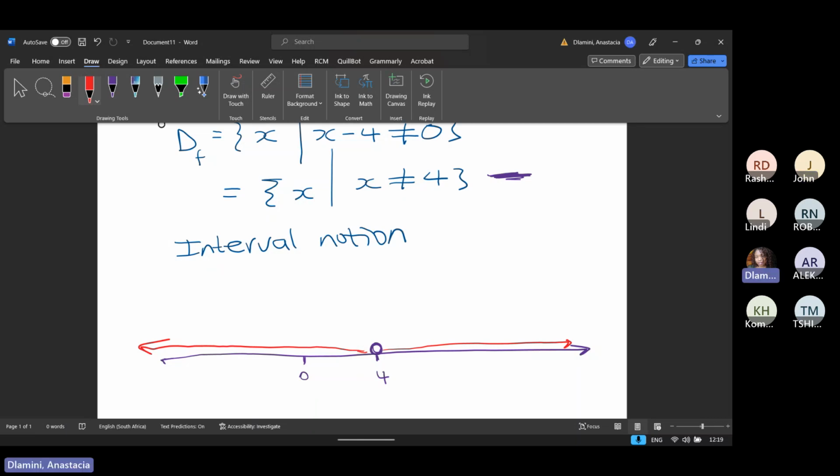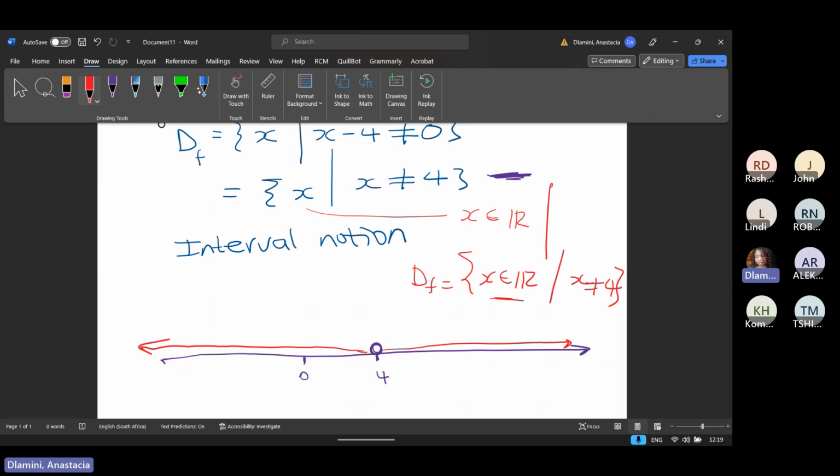Yes. So this x here, it means x is an element of real numbers such that. In other textbooks they'll write it like this: domain of x is an element of real numbers such that x should not be equals to 4. And say such is, remember, from negative infinity to positive infinity, those are real numbers.